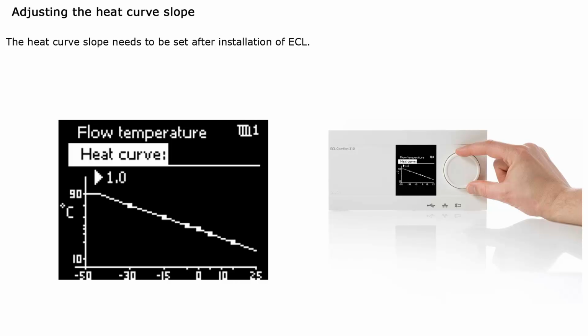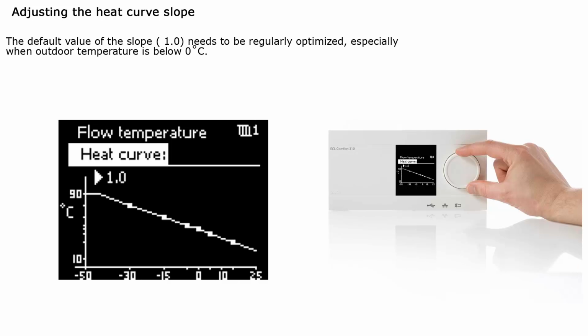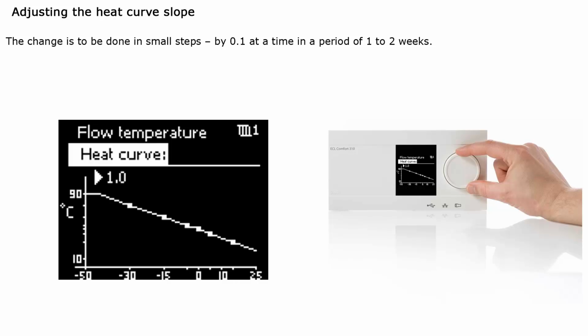The heat curve slope needs to be set after installation as part of commissioning the heating installation with the ECL Comfort controller. It also needs to be regularly optimized, especially when the outdoor temperature is below 0 degrees Celsius. The adjustment of the slope is done by changing the value in the ECL Comfort controller heat curve menu.